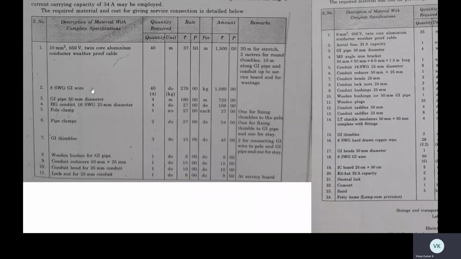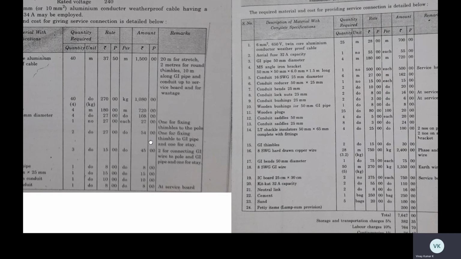Then 8 SWG GI wire of 40 meters, and a GI pipe of 50 mm diameter for supporting the service mains at the home, and conduits, pole clamp, pipe clamps, GI thimbles, wooden bush for GI pipes, conduits, lock nuts, and other miscellaneous items.